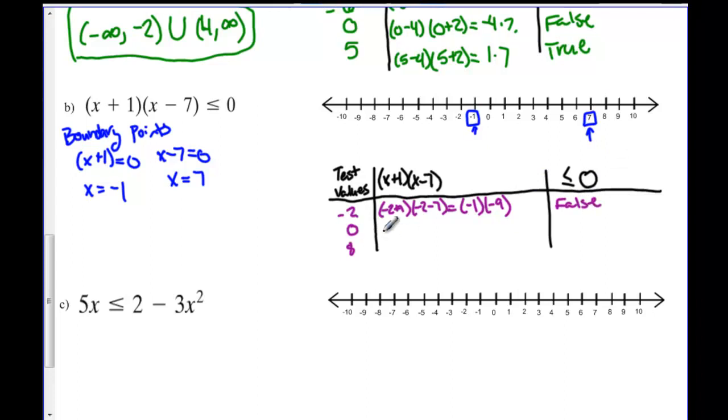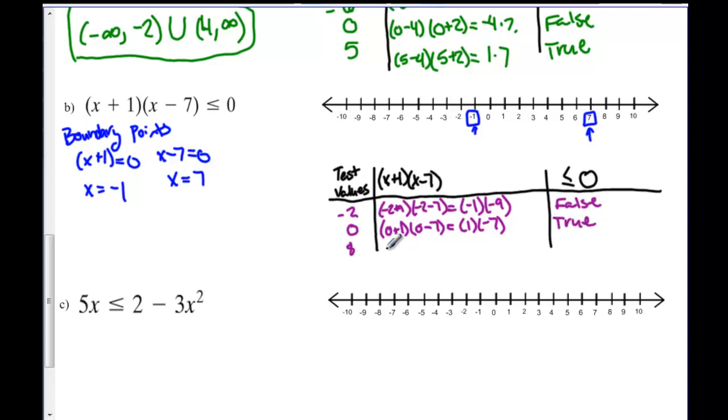All right, let's plug in our 0. So now we're going to have 0 plus 1 times 0 minus 7, which gives us 1 times a negative 7. A positive times a negative gives us a negative, right? And then a negative is less than or equal to 0. True.